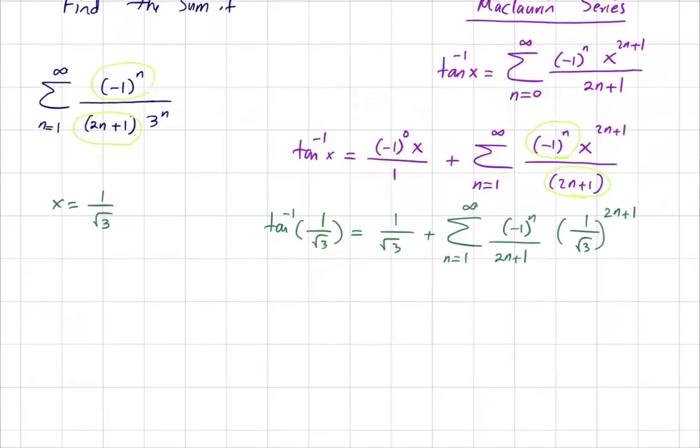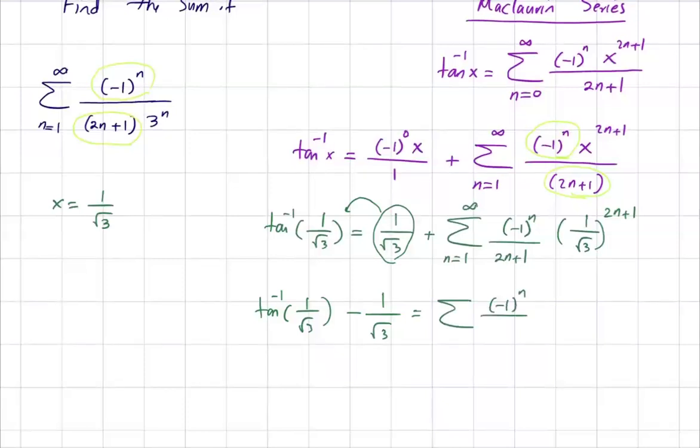We're going to do algebra to simplify this. Inverse tangent of 1 divided by the square root of 3 minus, I'm going to bring this guy to the other side, 1 divided by the square root of 3 is equal to the summation of (-1)^n over 2n+1 times (1 divided by the square root of 3)^(2n) times 1 over the square root of 3.